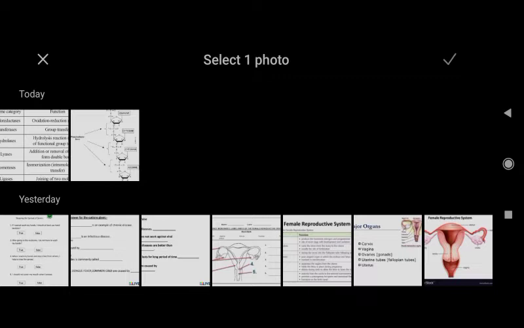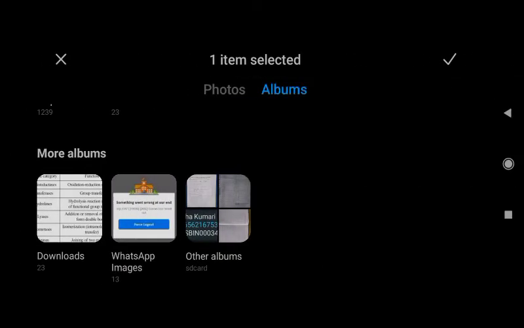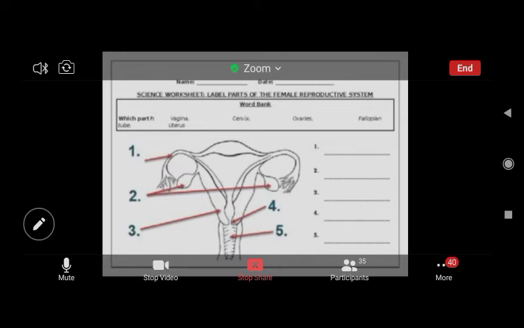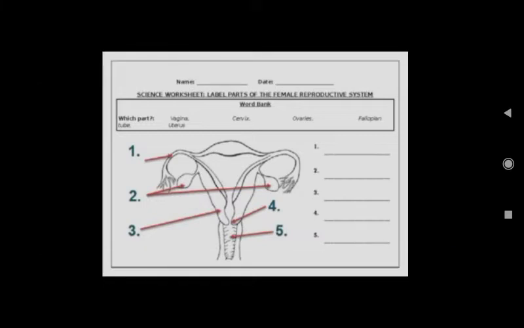Students, now from the diagrammatic aspect, one worksheet. You can see in the diagram, and the word bank is also given over here. You can take the screenshot, and parallelly you can also draw the diagram. Now the labelings are there.